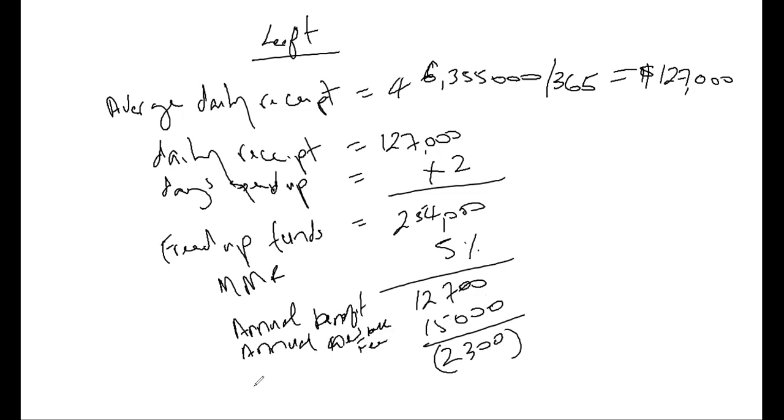So we have a negative amount. Based on that, we would reject this project because it's not going to help. Clear? Yes. Okay, awesome.